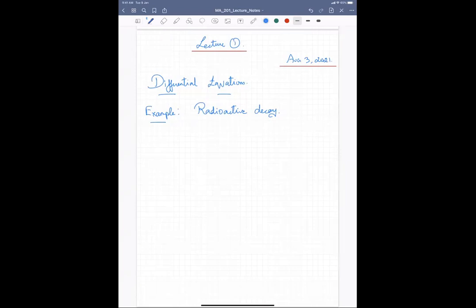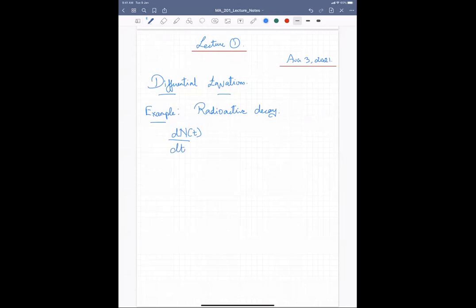The way you model the system, as you well know, is to try and guess how things can change. Suppose the number at any instant of time is n of t, you want to understand how this changes with respect to time. So you want to understand dn over dt as a function of time.